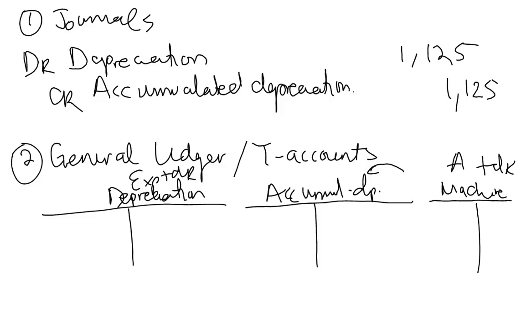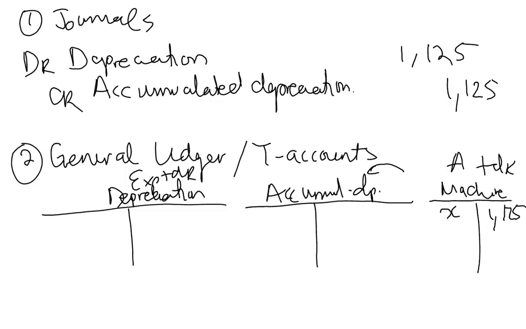So depreciation, let's start off with the machinery. Since we bought it, you put how much you got it for on the debit side, but now depreciation decreases the value of our machinery, so we will credit it with 1,125.